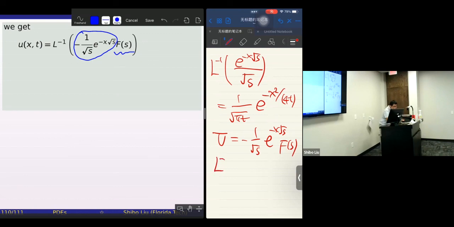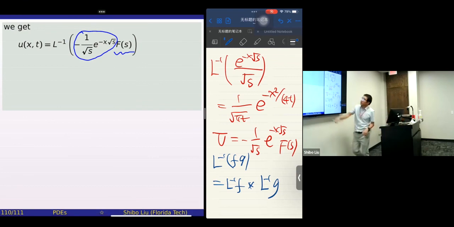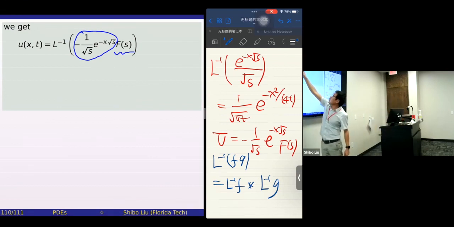L inverse of FG equals L inverse of F convolved with L inverse of G. So using this property, this will equal the convolution of the inverses. The inverse of capital F is small f.